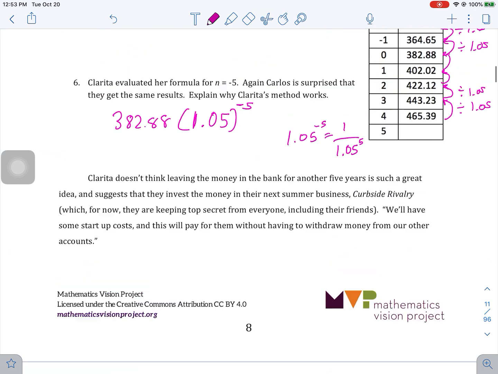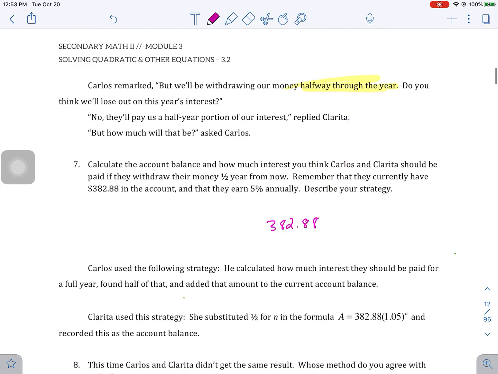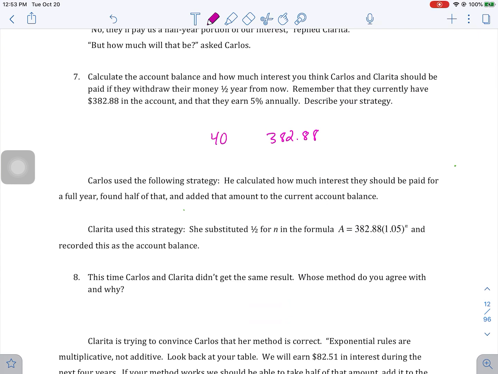And then he looked at what it was after the first year, 402.02. And then he subtracted to get the interest. And then what he ended up doing is he said, well, what if I just took half that amount? Wouldn't that be the halfway point?